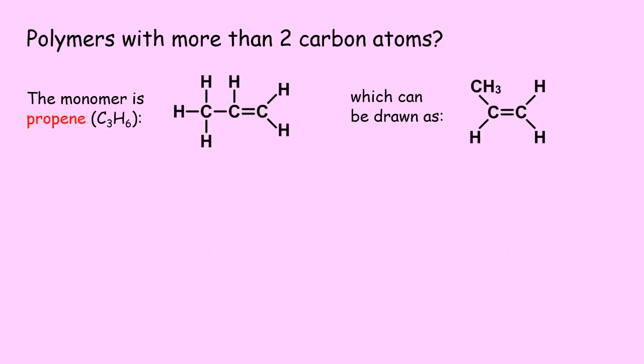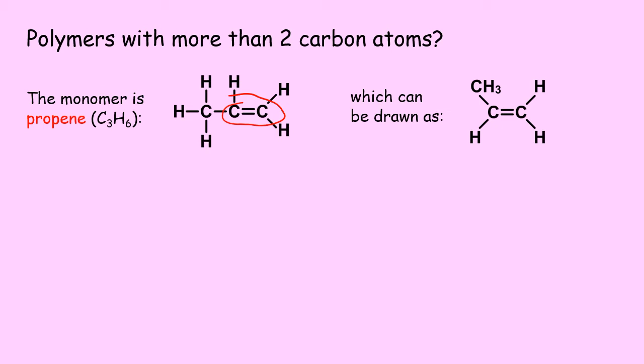So sometimes you'll be given a monomer that does not just have 2 carbons in it and other groups sticking off the end. Sometimes you'll be given a monomer that has 3 or maybe 4 carbons in it. What you have to do is look at identifying where the double bond is and redrawing the monomer they give you in a format which has just the 2 carbons in the double bond in the middle and then everything else sticking up and down around it.